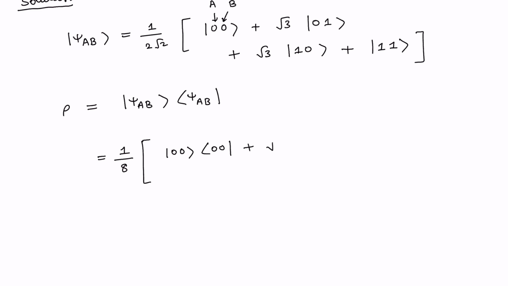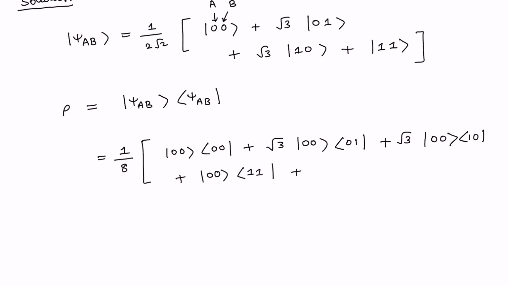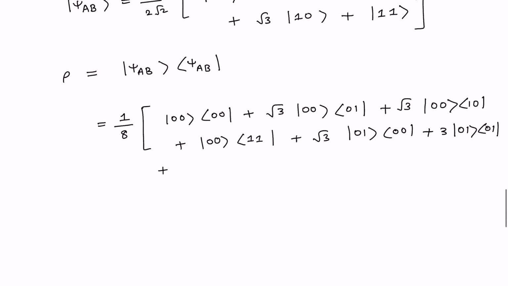The second term would be root 3 |00><01|, root 3 |00><10|. Then you will get |00><11|. You will get a lot of terms, so let me write all of them. You will get root 3 |01><00| plus 3 |01><01|, and then plus 3 |01><10|.